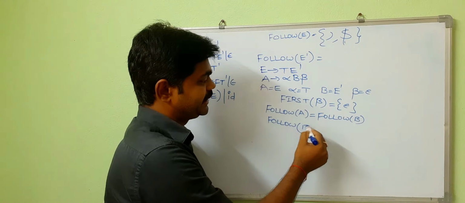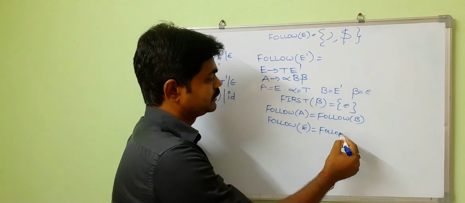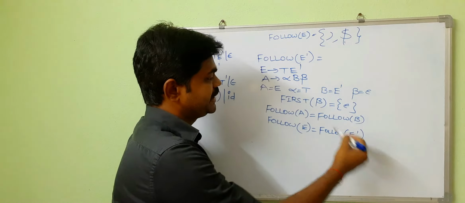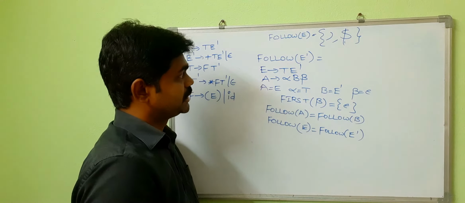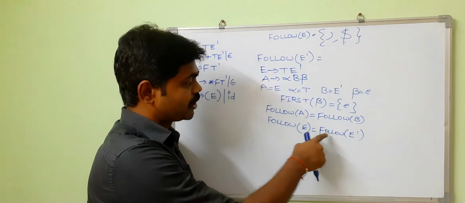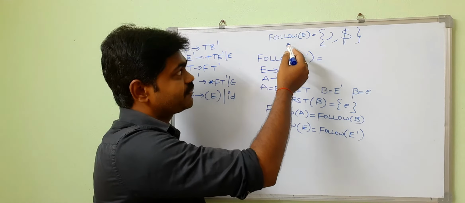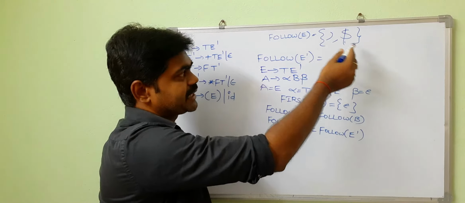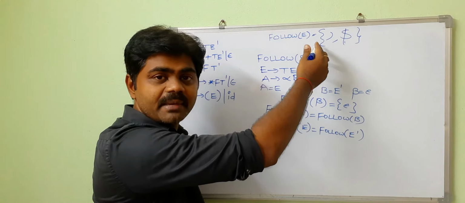A is capital E. What is B here? B is E dash. We are finding follow of E dash, right? So follow of E dash equal to follow of E. We already found follow of E, that is right parenthesis comma dollar. So follow of E dash will become right parenthesis comma dollar.